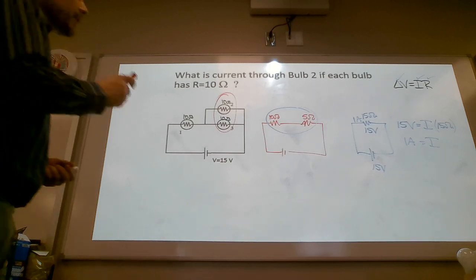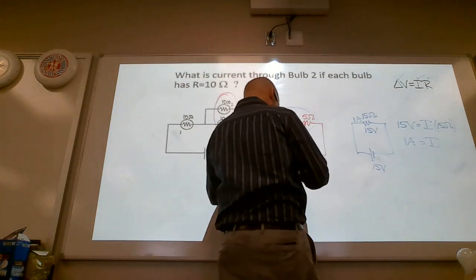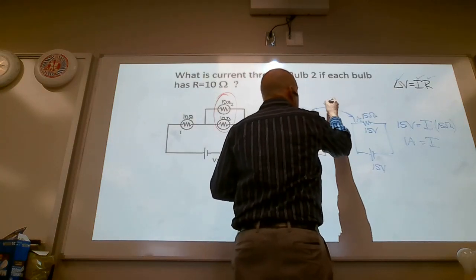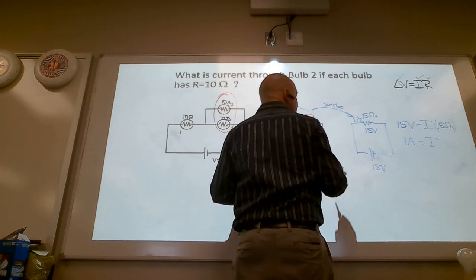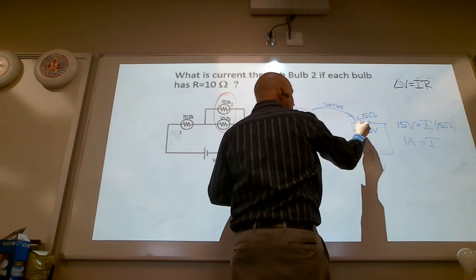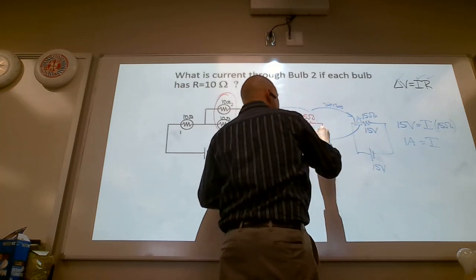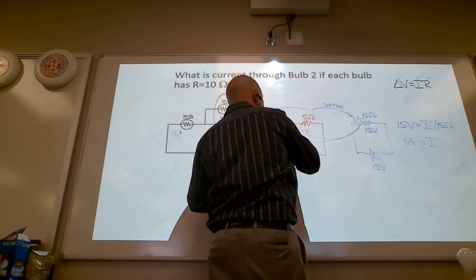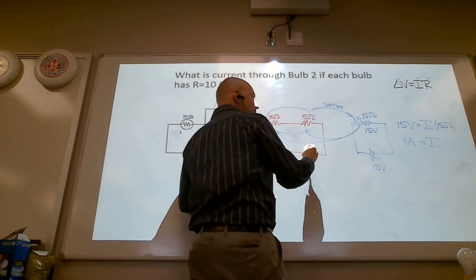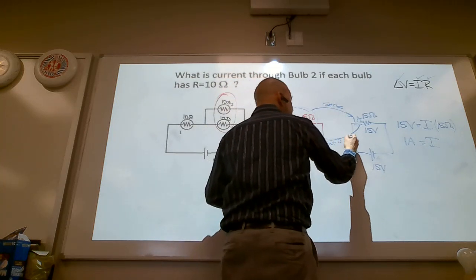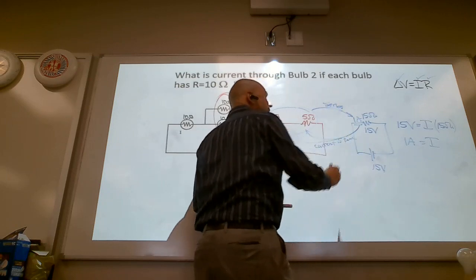Okay, so the fact that this is wired in series, I can take this current measurement, and that is the current going through the 10 and the 5, because it's in series.